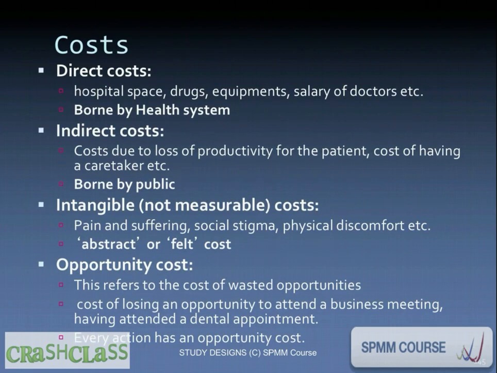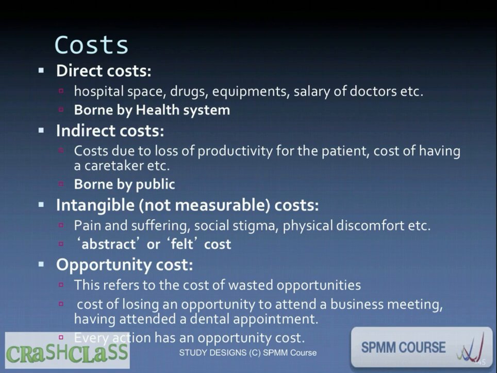Okay, so next we are moving on to different types of costs. In economic analysis, we talk about costs. There are different types of costs. One is direct cost. Whenever you do something with the health service, you're going to visit a doctor. Let's say you have flu and you're going to see a GP. What are the costs in this whole process?